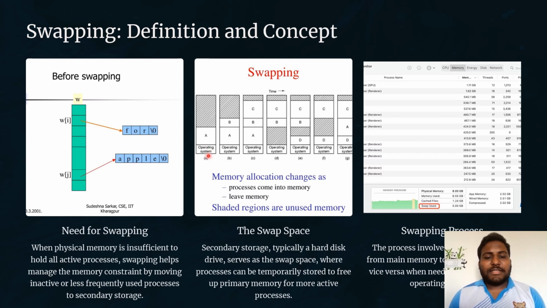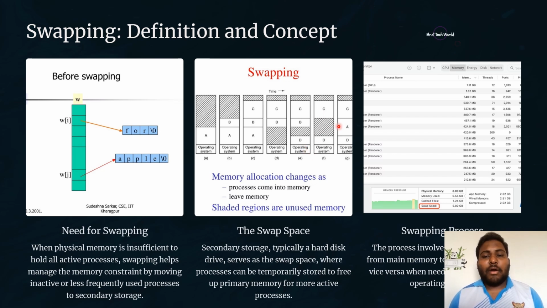Here the operating system operates process A, which is then joined by process B and then process C. Process A is not required at the moment, and as time goes on we add process D, which requires more space, so we move process A to the secondary memory and add process D to enhance the performance of the operating system.